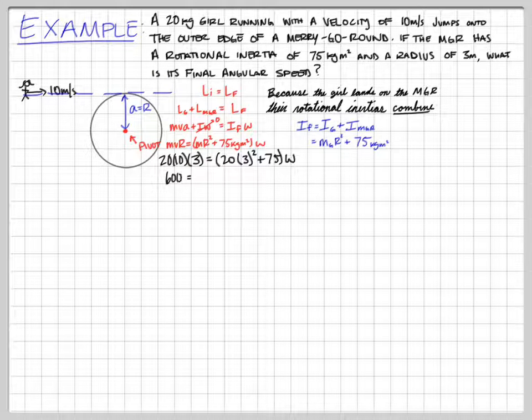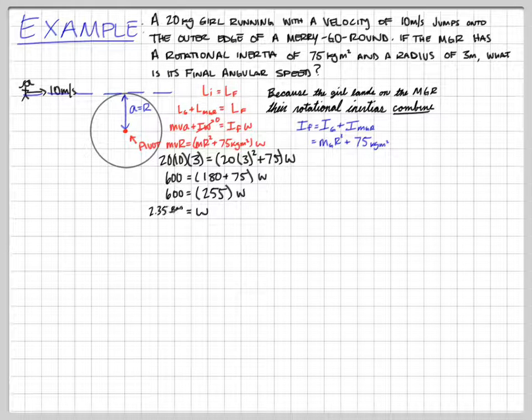Solve for everything. So we got 600, 180 plus 75 times omega. And we get our final angular speed. Divide by that. And it's 2.35 radians per second. All in all, I think that's pretty simple.